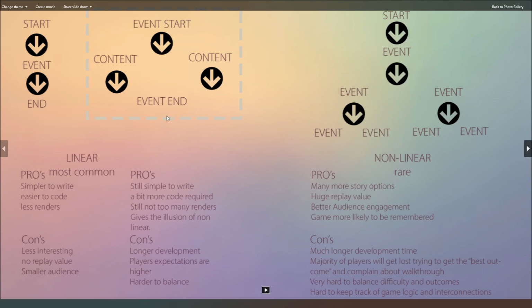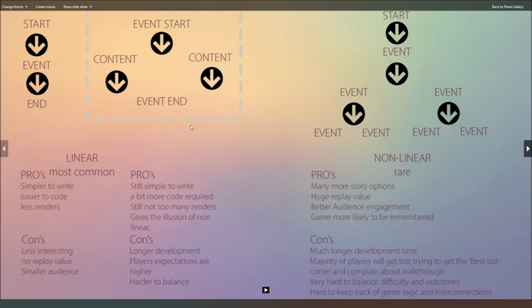This is more common certainly amongst dating sims and VNs, because it gives the illusion of there being multiple paths when in fact there aren't. It's just there's two versions of each event, and you could have either depending on a decision that you've made earlier in the game.